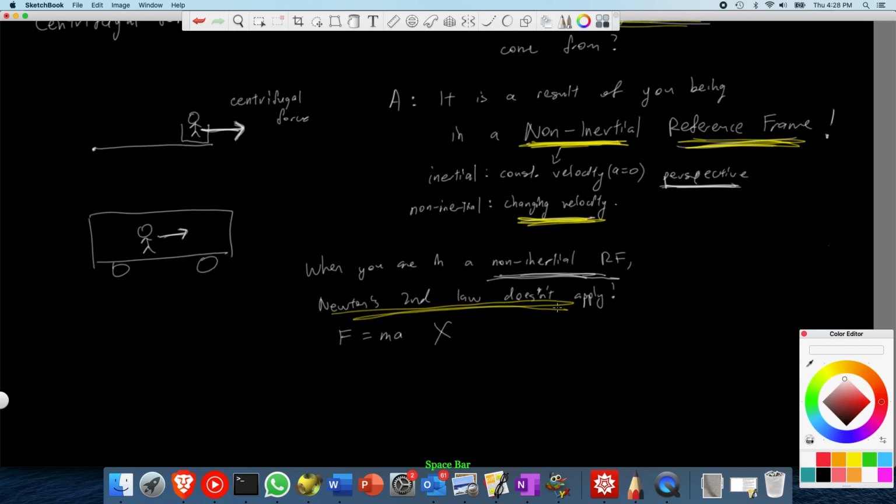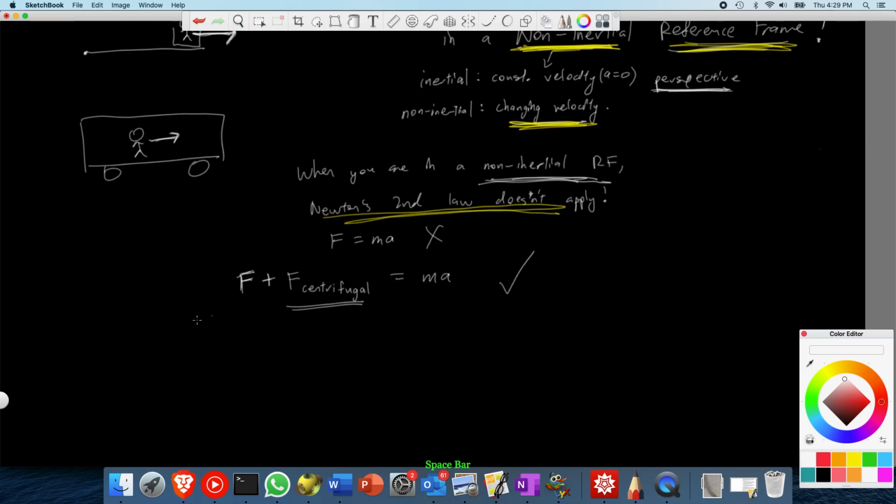Now here's where some of the maths comes in, and don't worry, I won't go through the steps, but what you can show is that besides all the forces F that act on an object, you need to add an additional centrifugal force in order for Newton's law to apply. So this is the new correct form of Newton's second law with this correction term over here.